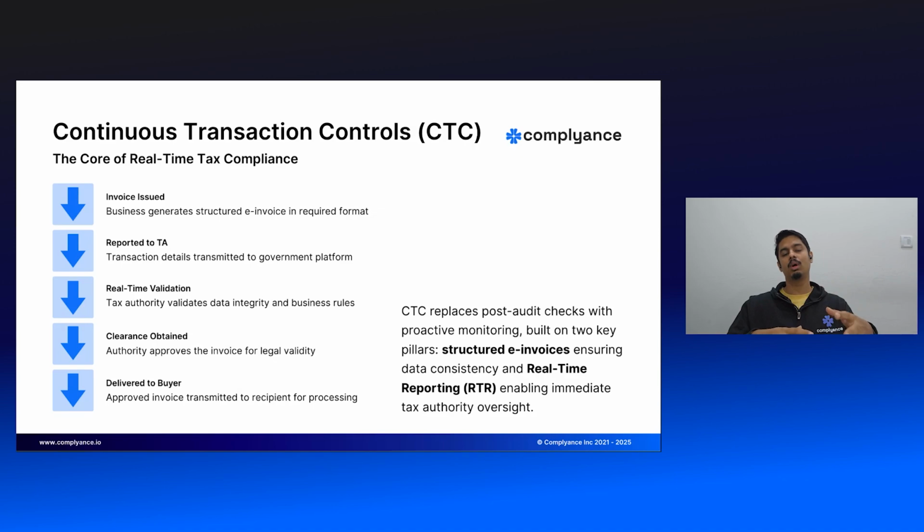In KSA, they have implemented the CTC model, and the government, through the Fatura portal, validates each and every invoice, approves it, and gives back a UUID and a QR code as proof of validation. Only with these two can the invoice be sent to the buyer or the receiver. Whereas in the case of UAE, which is going to adopt e-invoicing in 2026, they are going with the DCTCE model.